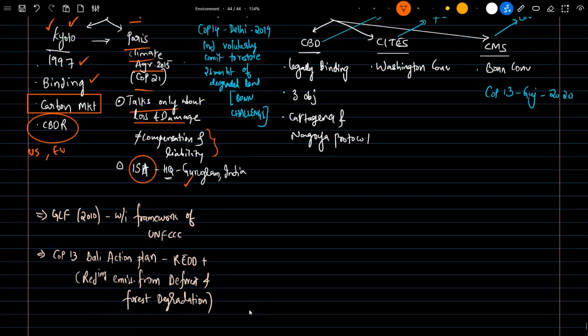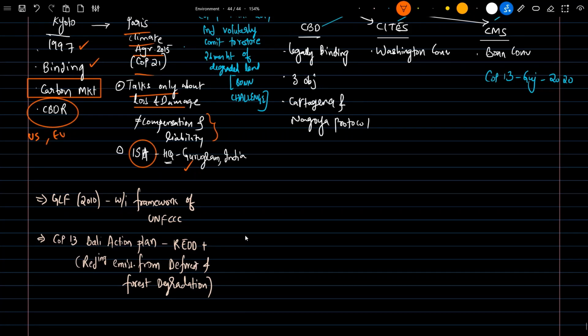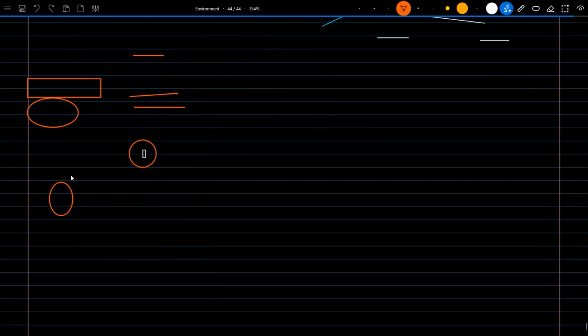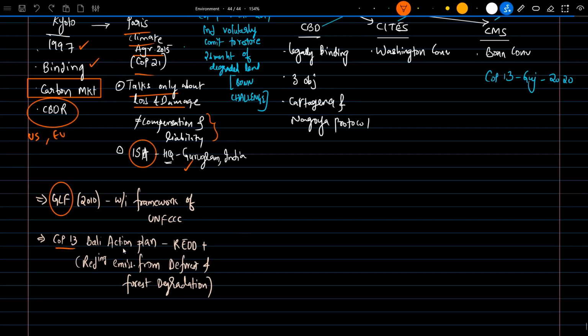Going deeper into UNFCCC, it also created the Green Climate Fund (GCF) in 2010. Within the framework of UNFCCC, the GCF was established. It does not give any technical support, it just gives financial support. And in COP 13, the Bali Action Plan was formulated.